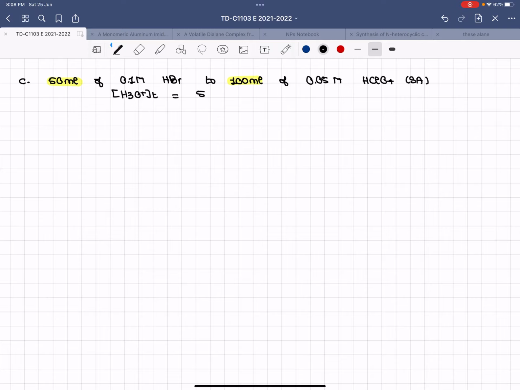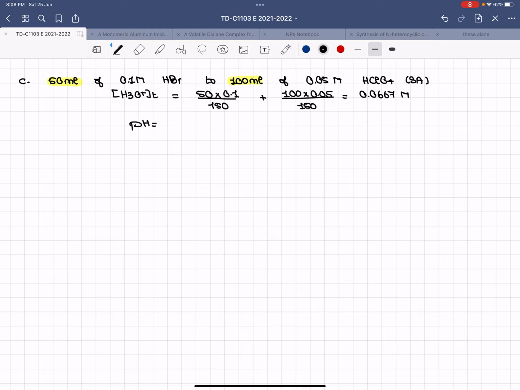HBr is basically 50 times 0.1 divided by 150, plus the acid coming from HClO4, which is basically 100 times 0.05 again divided by 150. And this is equal to 0.0667 mole per liter.